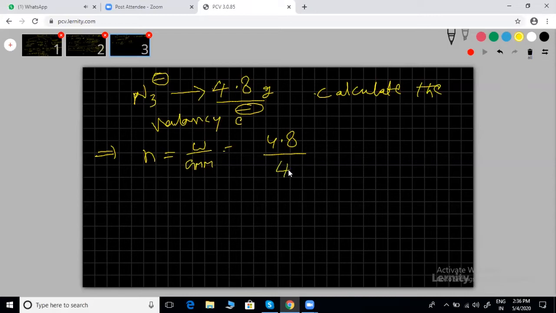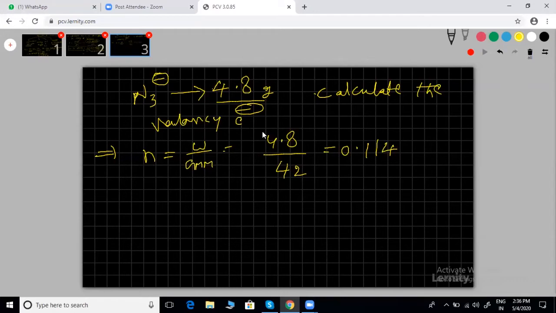This 42 is the gram molecular mass. So the number of moles is approximately 0.114.